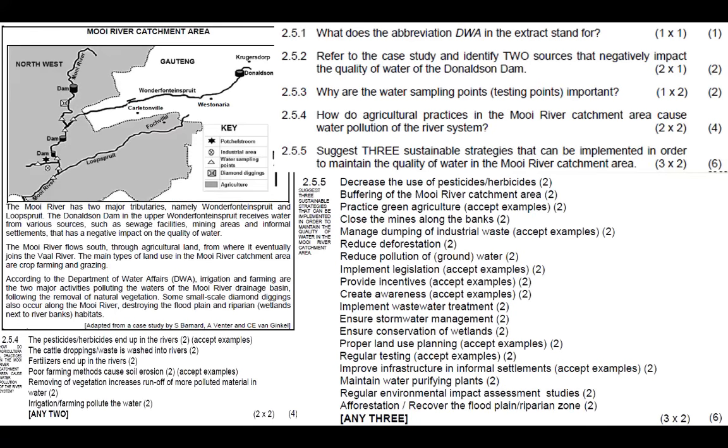You can make rules that tell people how to behave. So rules and legislation. And then in order to preserve water, we can also conserve wetlands. You know what wetlands will do? Wetlands are going to clean a river. They serve as a sponge. They absorb the impurities there and allow water to flow, and the water is being cleaned.